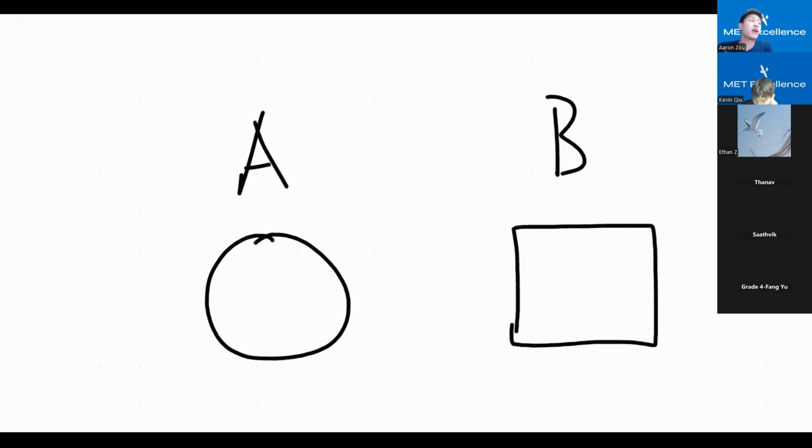For any given perimeter, if you want to maximize area, you want to be as close to a circle as possible. So if the perimeters are the same, the circle will have a larger area than the square.